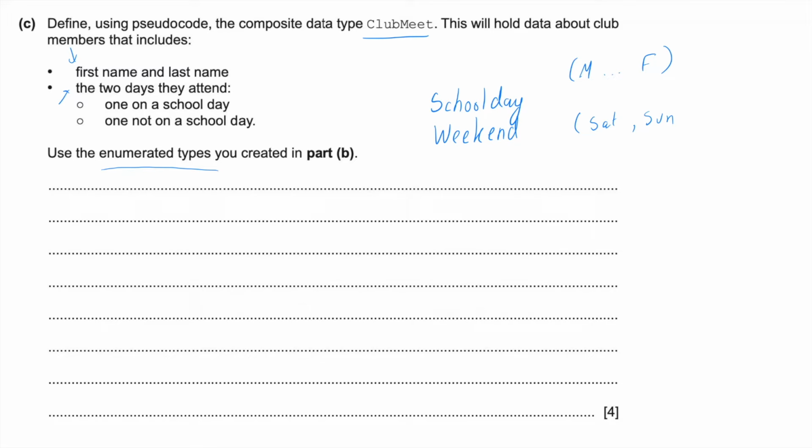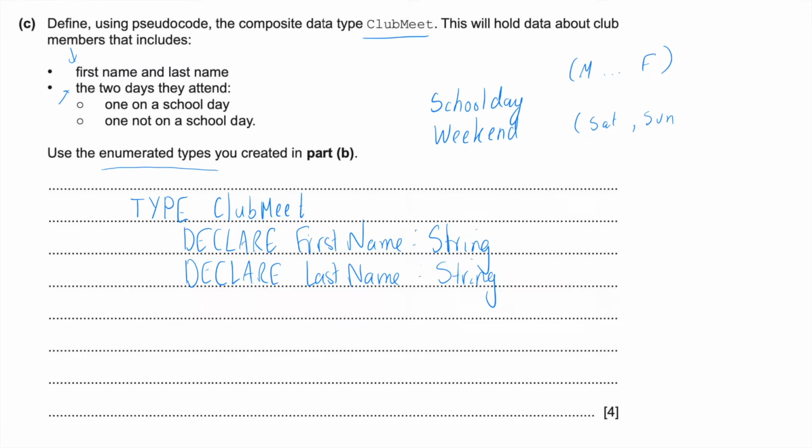So if you want to create this declaration, we can start with type, and then this data type is going to be called club meet. And then we can declare first name, which is just going to be a string. We can declare last name, which is also a string. And then, okay, it's the 2 days they attend, one on a school day and one not on a school day.